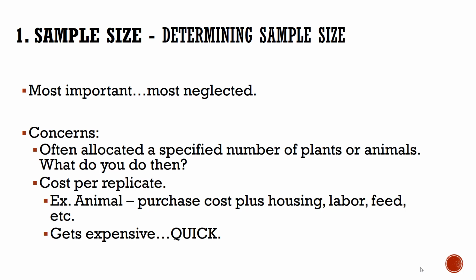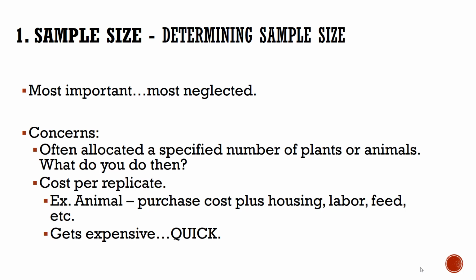When we determine sample size, this is a critical and important part of the research methodology planning process. Sample size specifically is probably the most important component of this whole entire thing, but unfortunately it's also the most neglected.